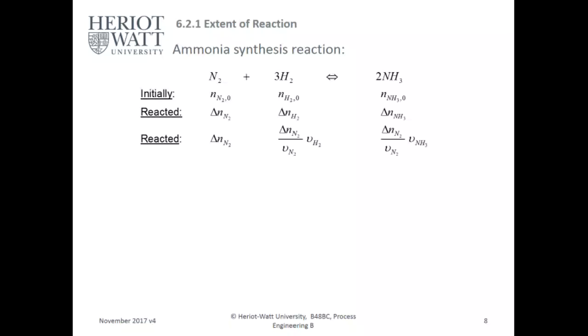When reacted, it's delta N of N2, delta N of H2, and delta N of NH3, and the reaction balance is delta N N2 multiplied by vH2 over vN2, and delta N N2 multiplied by vNH3 over vN2. Now that's just an algebraic balance of that equation. It is a slightly easier way of doing it, but for purposes of this lecture, this is how it's taught.